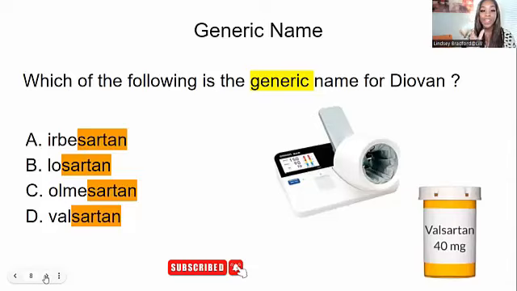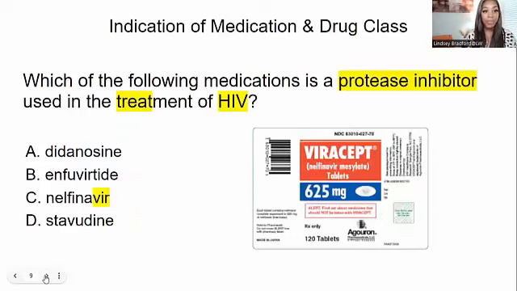Sartan is the suffix for all of these drug names, which means these drugs are all used to treat high blood pressure. Any of these could treat high blood pressure, but only one is the generic name for Diovan, and that is letter D. Make sure you're writing that down.